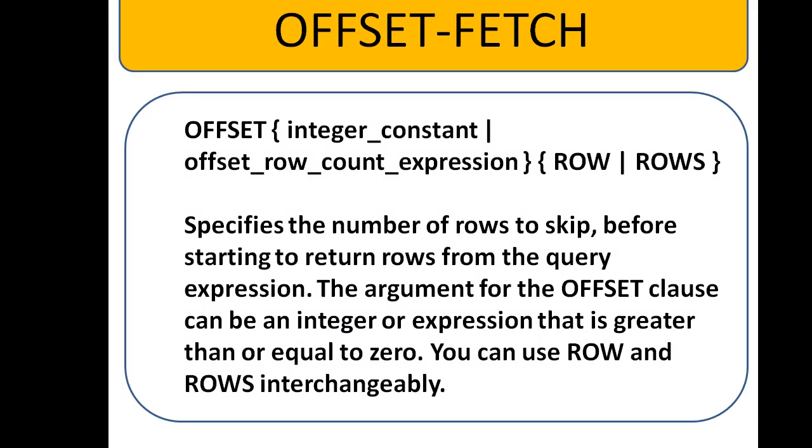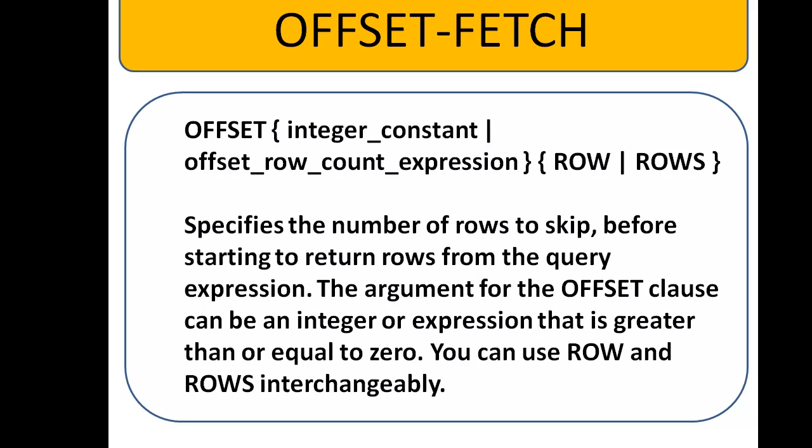It specifies the number of rows to skip before starting to return rows from the query expression. The argument for the OFFSET clause can be an integer or expression that is greater than or equal to 0. You can use ROW and ROWS interchangeably.